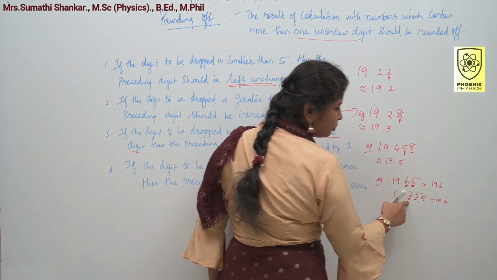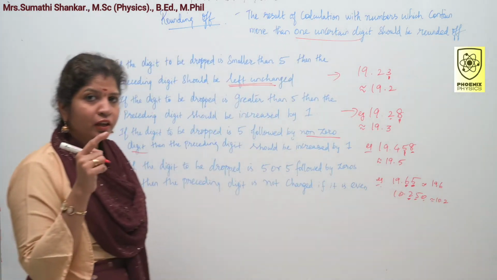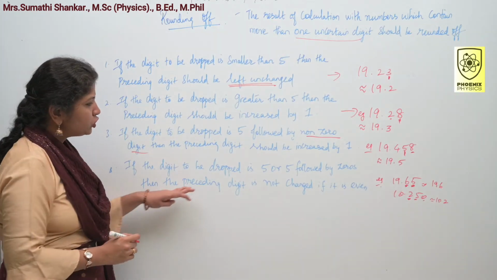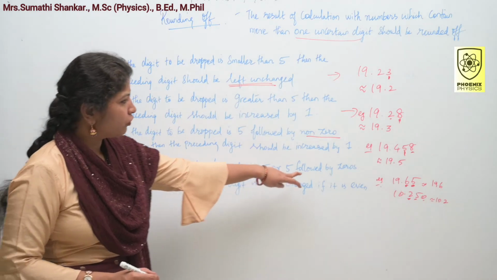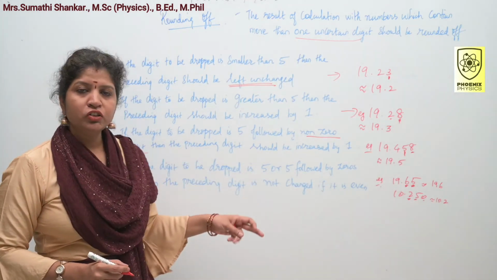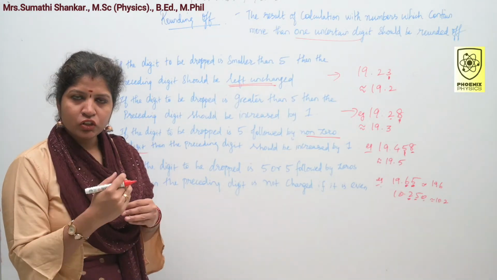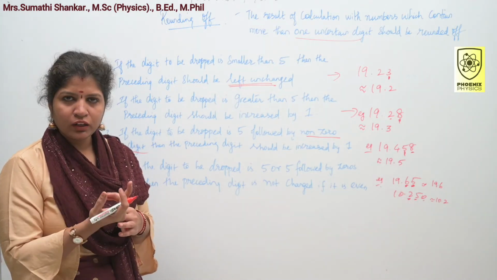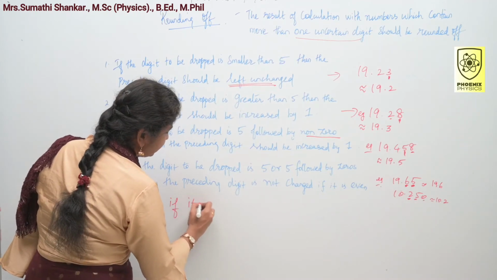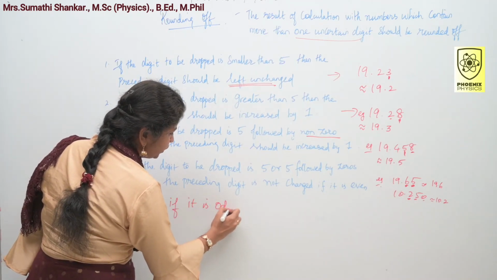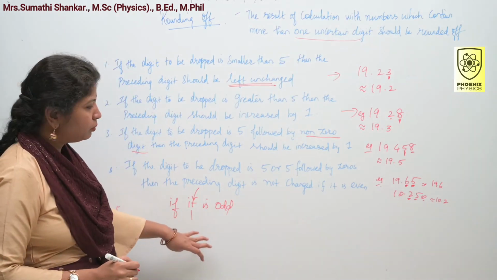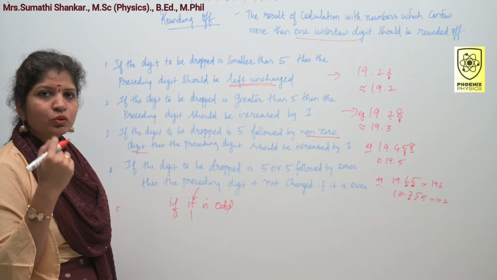Why? Because the preceding digit is even. Then fifth point, if the digit to be dropped is 5 or 5 followed by zeros, then the preceding digit should be increased by 1 if it is odd. So fifth condition is if it is odd. Which one is odd? Preceding digit. This preceding digit is odd, so we have to increase by one.